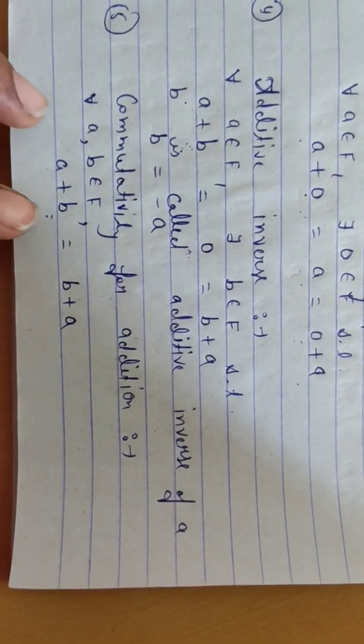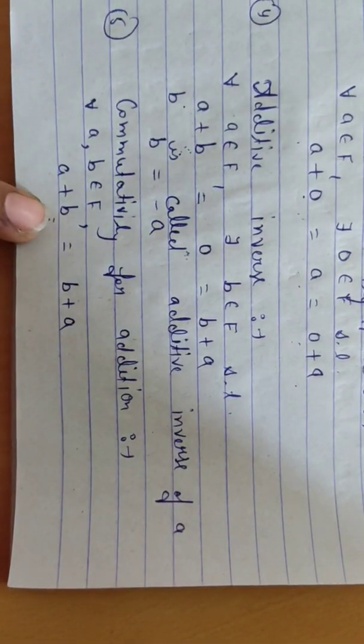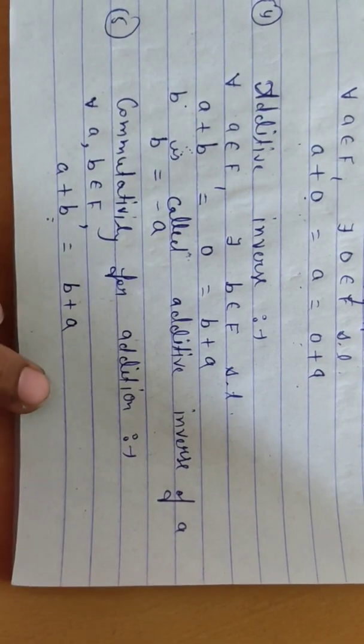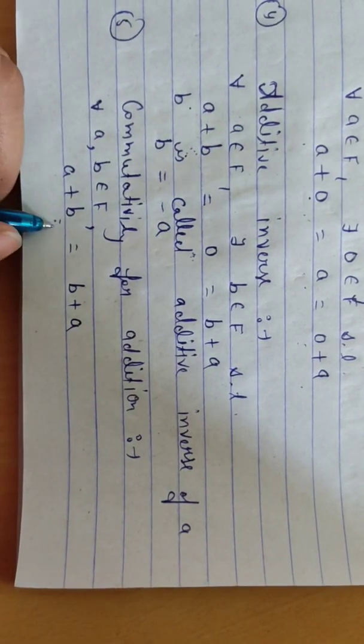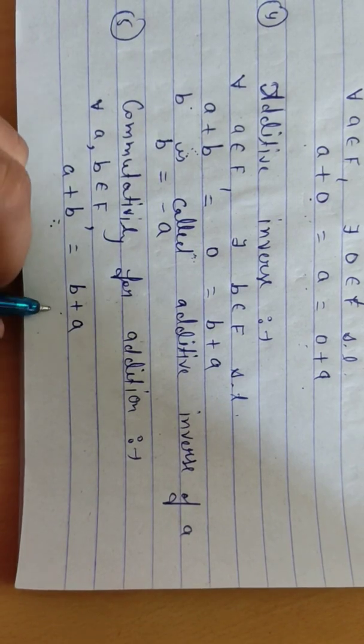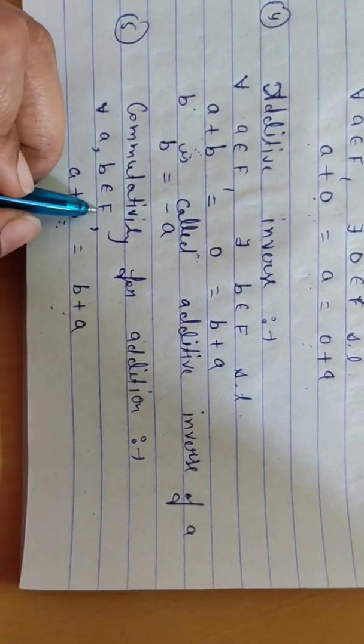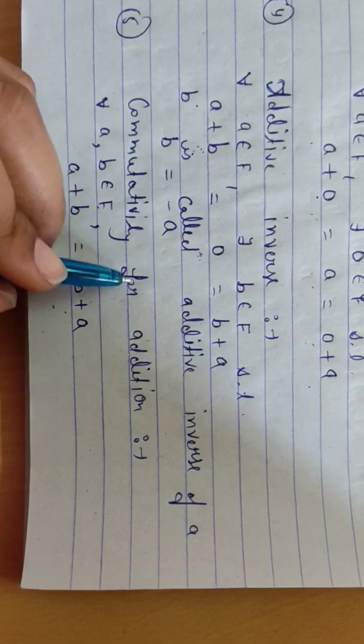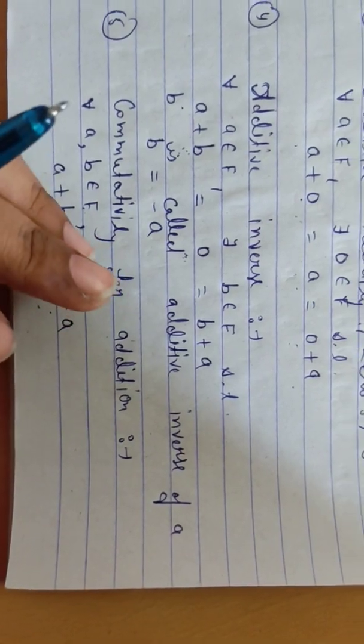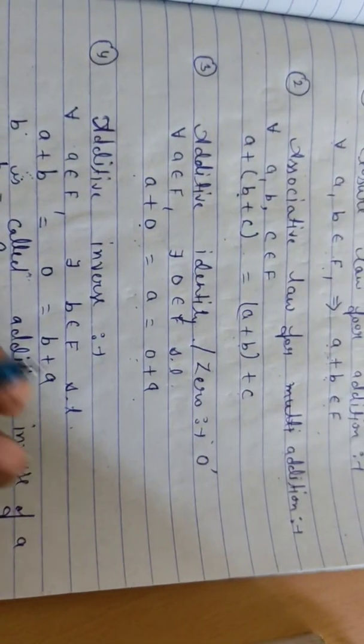If we commute these two elements, a + b is equal to b + a, then we can say that F satisfies the commutative law for the addition operation. These are the addition axioms.